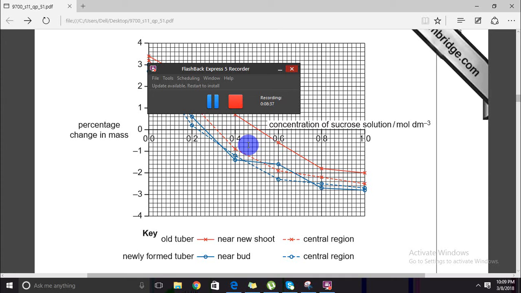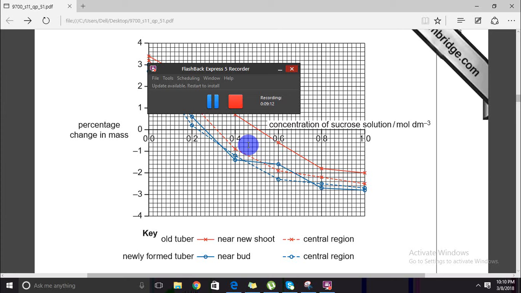And so basically, number 1, make up 5 different concentrations of sucrose solution, that is 1 mole, 0.8 molar, 0.6, etc. Number 2, make 500 centimeter cube of 1 mole per decimeter cube sucrose solution by dissolving this much mass of dry sucrose in this much water.